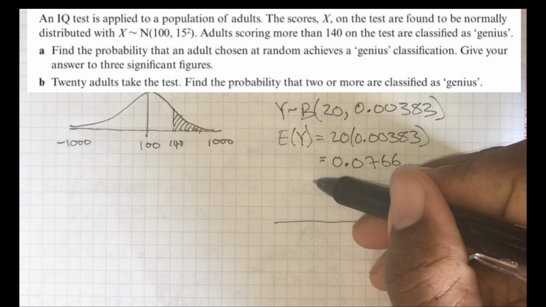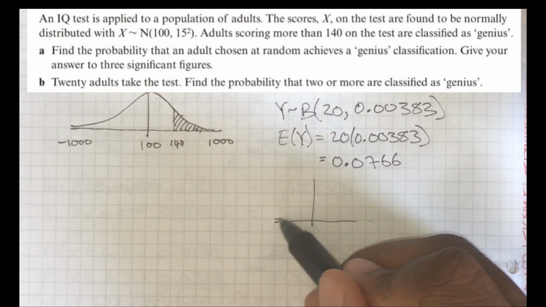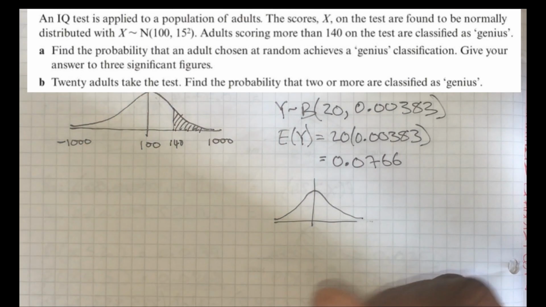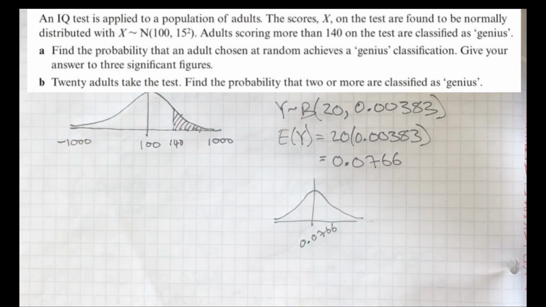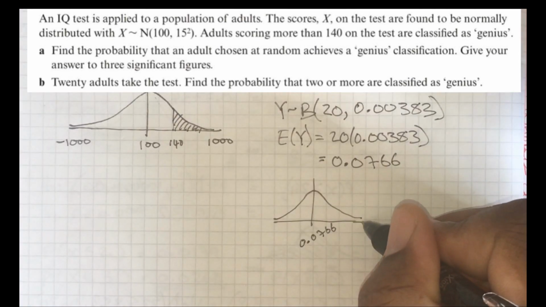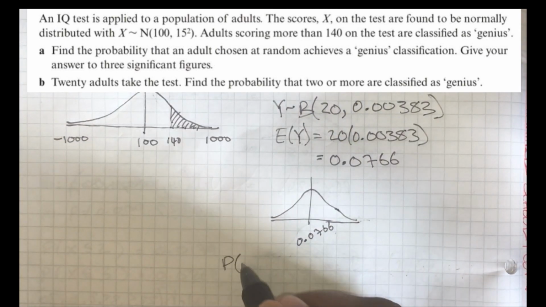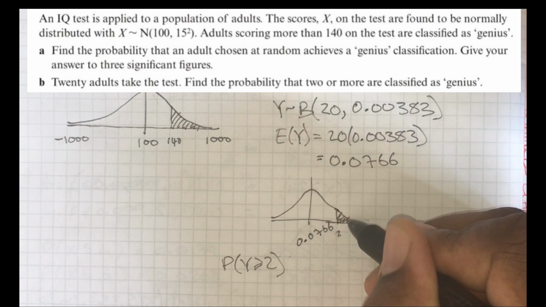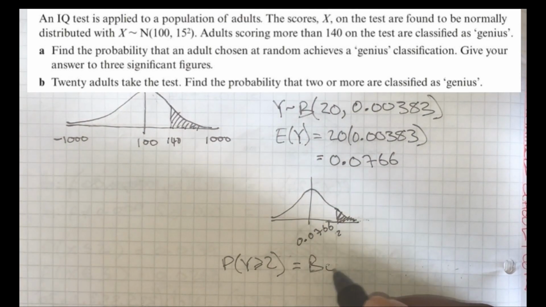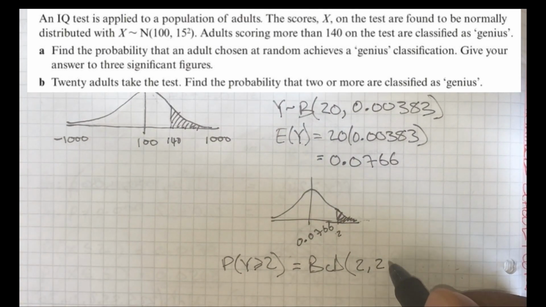But we're looking for the probability that x, or in this case y, is greater than or equal to 2. The probability that there were 2 or more geniuses in this room of 20 adults. Well, here's my diagram. It's not that accurate. It will be quite difficult to show the immense skew that this diagram really has. But it does what it's meant to do. It lets me know that I'm looking in this right tail, and what is that probability over there?